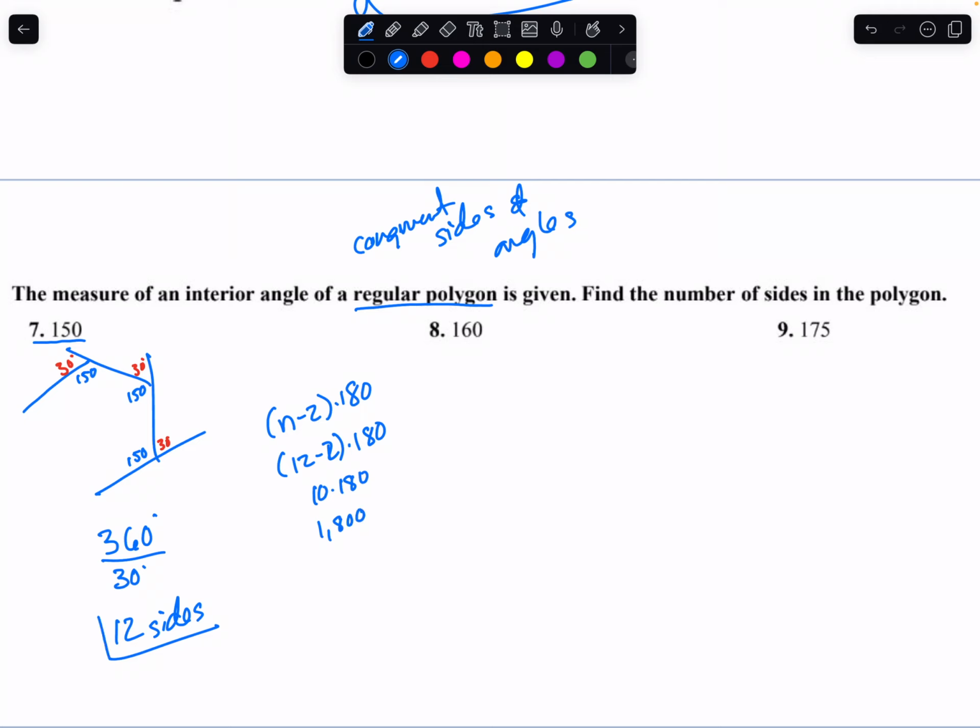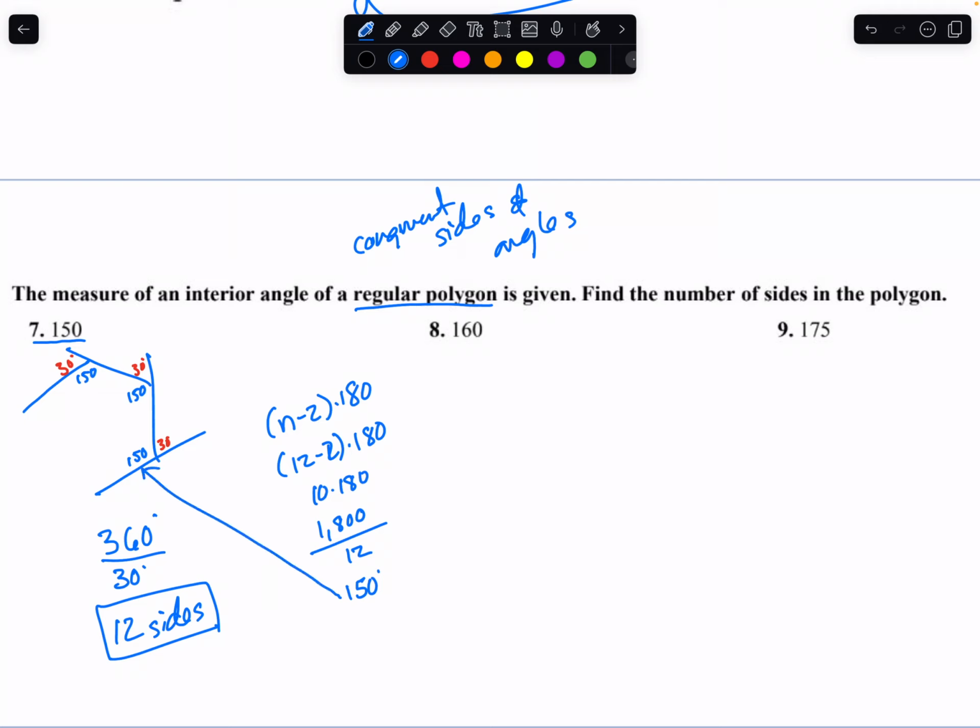Now, if I have 12 sides in a polygon and the total is 1,800, if I divide it by 12, I can figure out how much each measures. 1,800 divided by 12, each angle will measure exactly 150 degrees, which is what we were talking about.